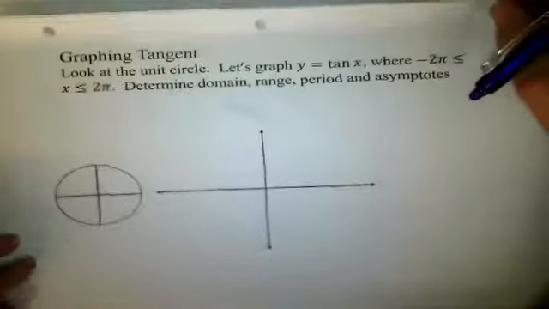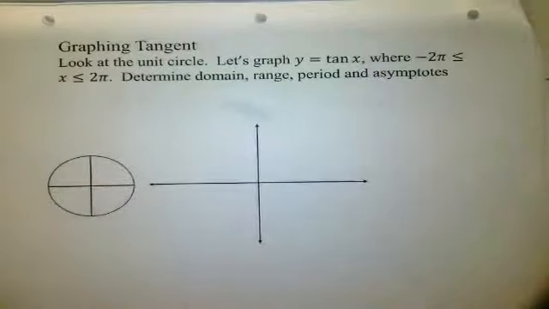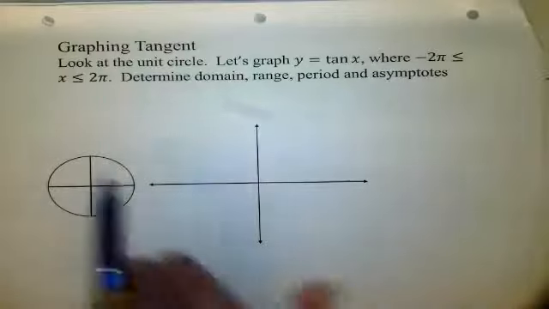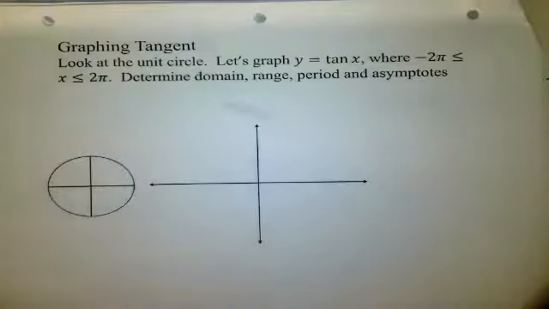So here we go. Graphing tangent. So again, we have our unit circle, which is where all of this comes from. We're just going to basically go around the unit circle to find some nice points for our basic tangent function.